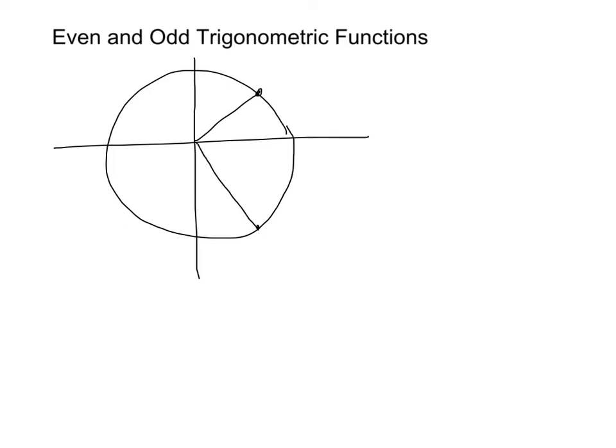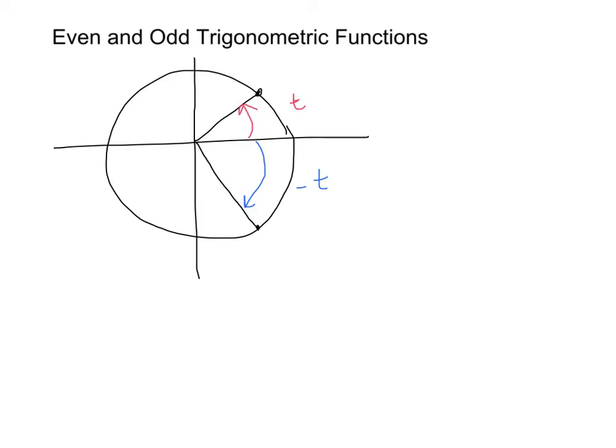If we go counterclockwise, our angle, which we're calling angle T, is positive. But if we go clockwise, now T is negative. When they refer to even and odd functions, well, first of all, only cosine and secant are even.